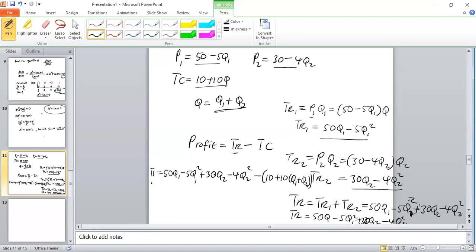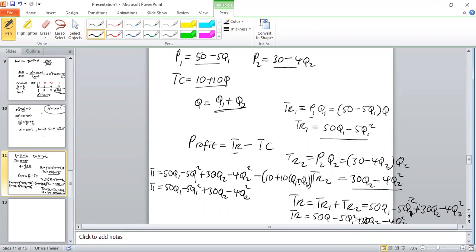Then you can now simplify this. 50Q1 minus 5Q1 squared plus 30Q2 minus 4Q2 squared. Then you open the brackets. Of course, this will be 10Q1 and 10Q2.